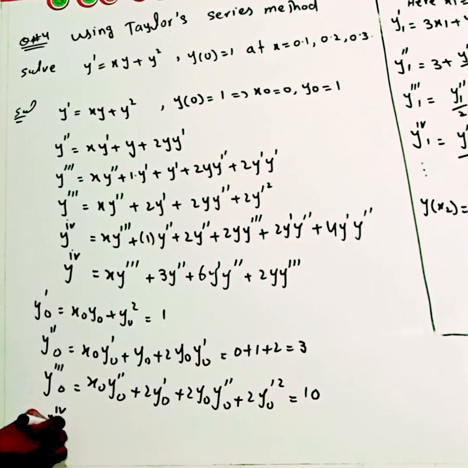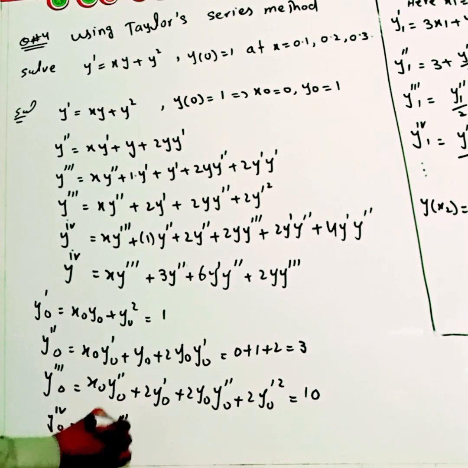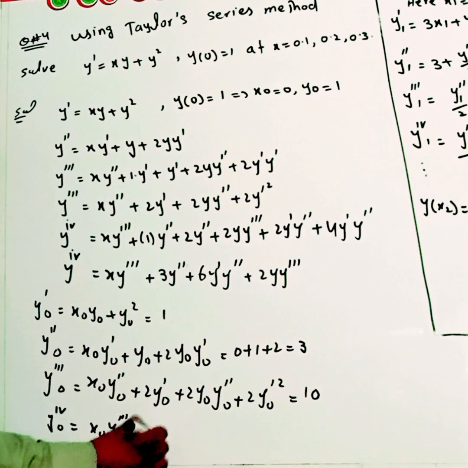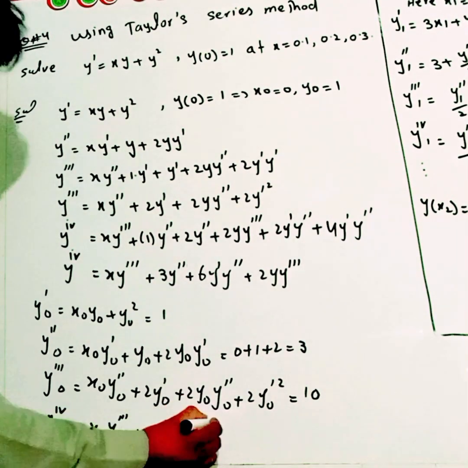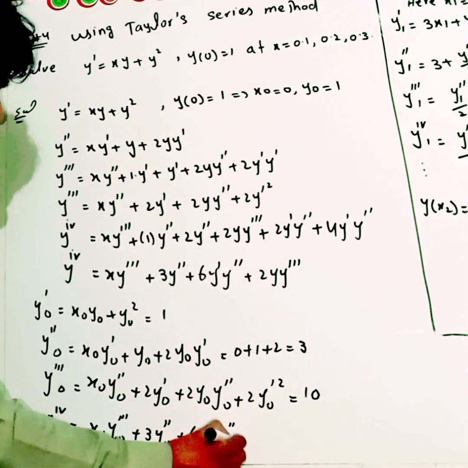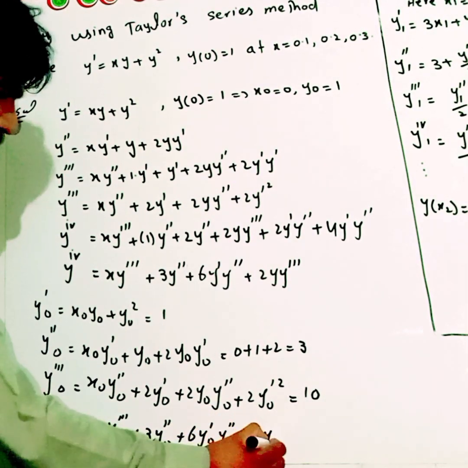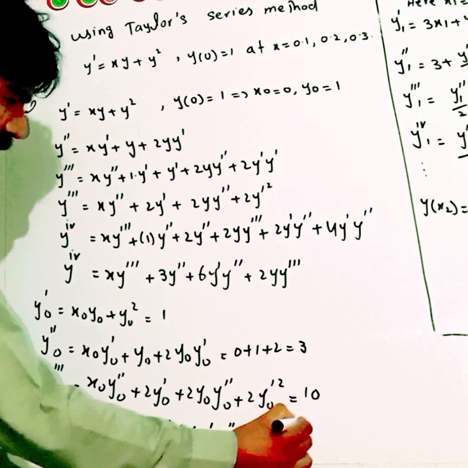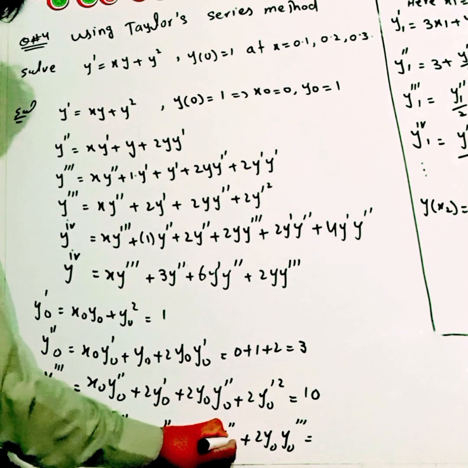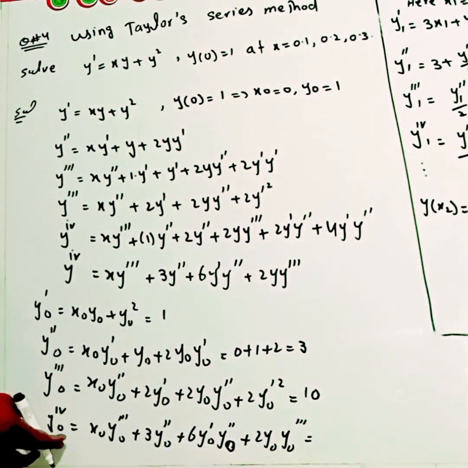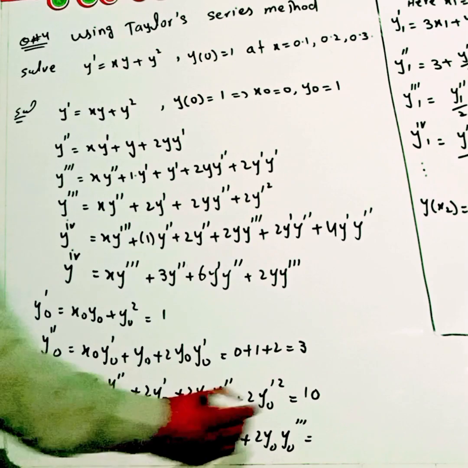Y fourth derivative naught is equal to x naught y triple prime naught plus 3y double prime naught plus 6y prime naught y double prime naught plus 2y naught y triple prime naught. After simplifying this expression, we obtain y fourth derivative at x naught is equal to 47.